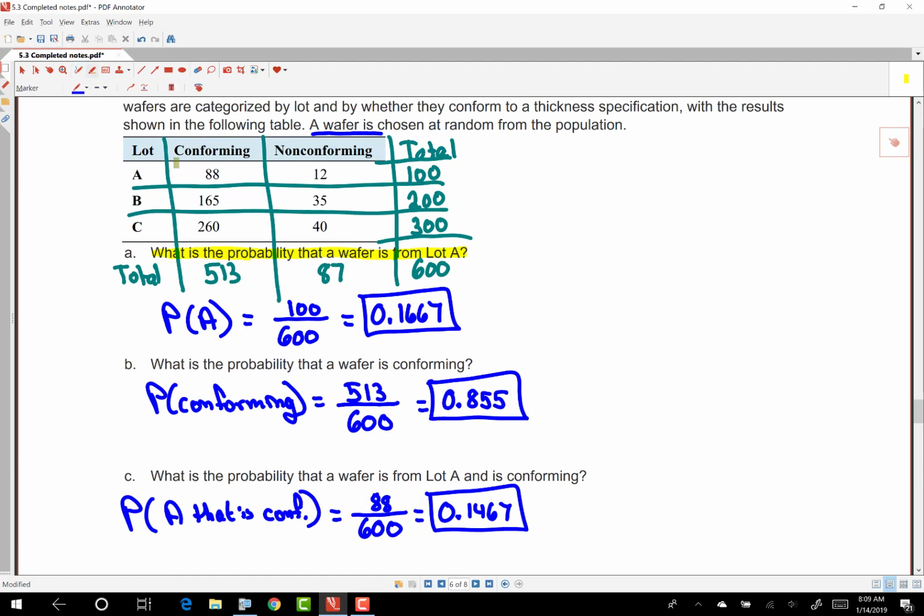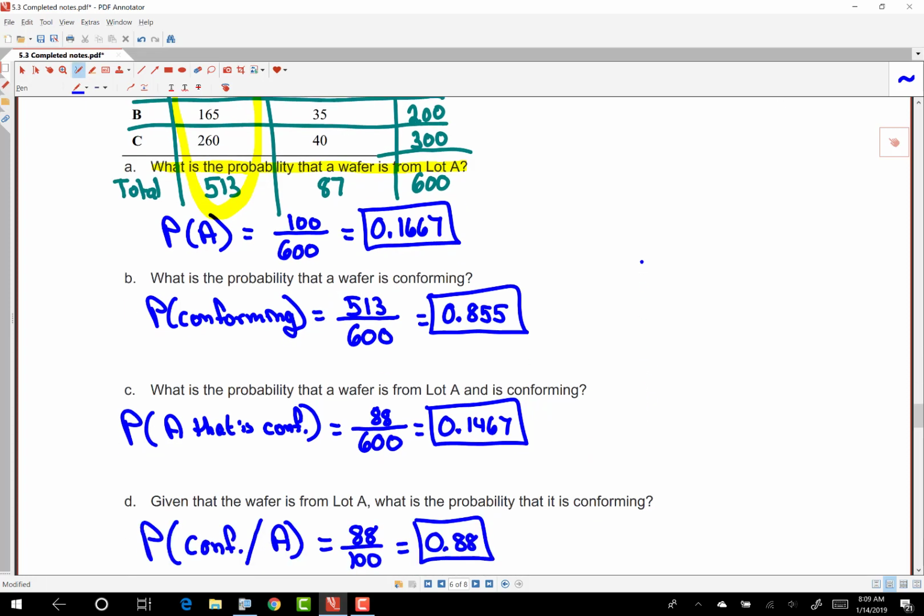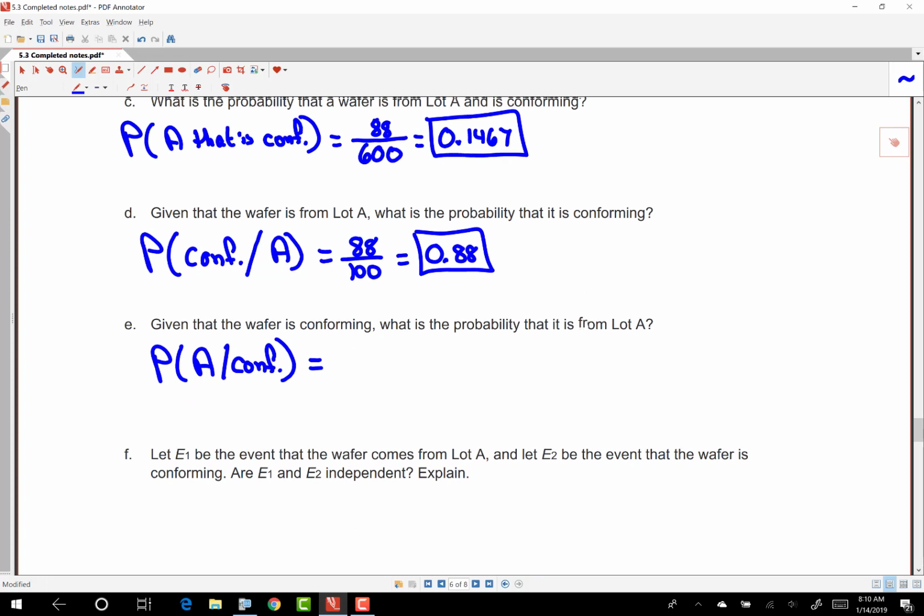So we're just looking at this column. So the bottom number is going to be 513, and how many of those are from lot A? 88 of them. So it's going to be 88 out of 513. And that is equal to 0.1715.